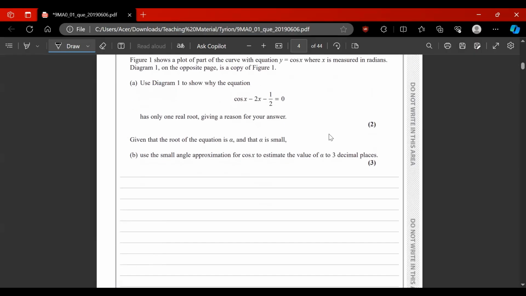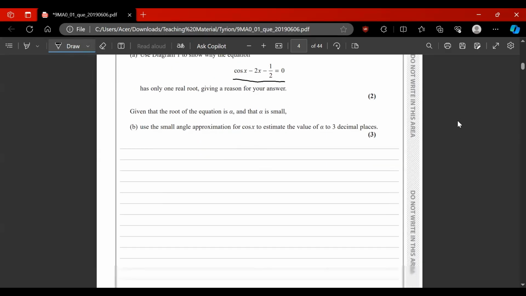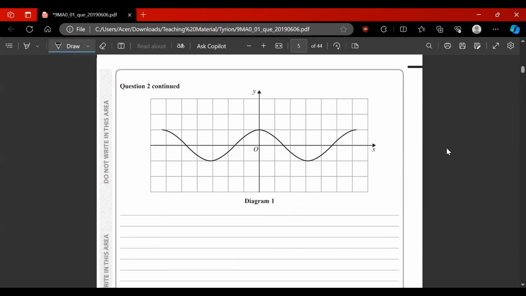You can see this equation is basically the intersection of the curve y equals cos x and y equals 2x plus half. The intersection of these two curves gives this equation. So we can now plot y equals 2x plus half on this diagram. Remember, y equals 2x plus half is the line we're sketching.